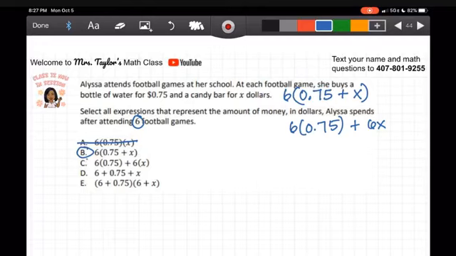That's a good one as well. Here it has 6 plus 0.75 plus x. Nope. Nope. And here you're adding and then multiplying. Nope. These are our choices, and that's what it should be.